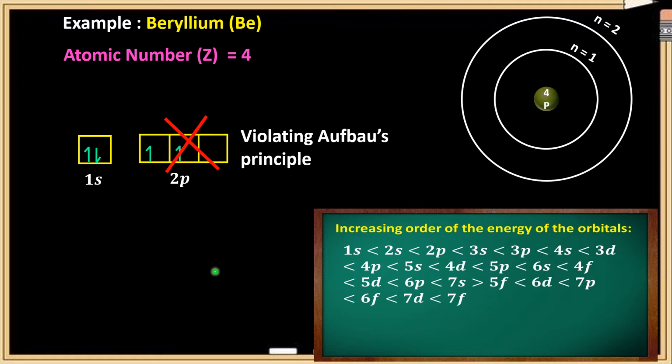Now I will show you the correct way of filling the orbitals. Let us take these electrons back into the orbitals. First electron, second electron is there, third electron, next fourth electron.